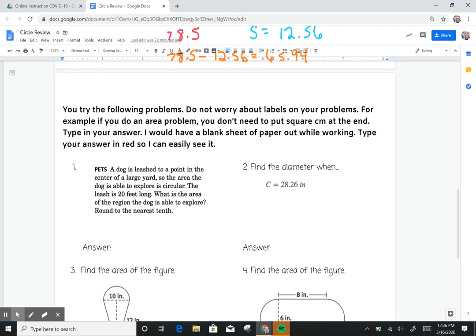I put in your directions that you do not need to put labels. That's fine. Just put in your answers. So if you get an area of 65, you could just put 65. Don't worry about putting feet squared or anything. But if you could type your answer in red, that way I can quickly see what you put and easily identify your answers.